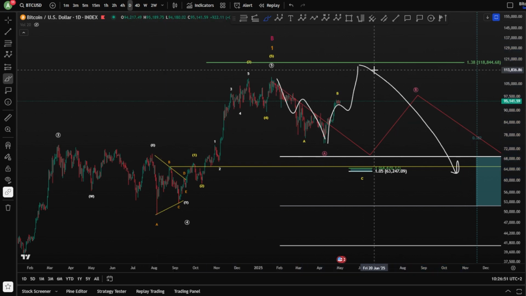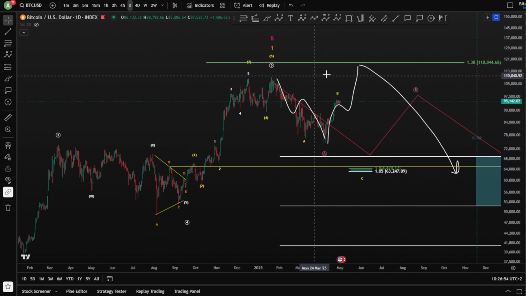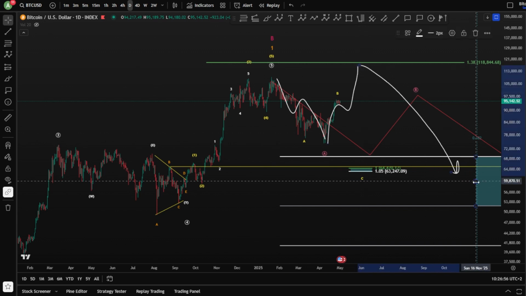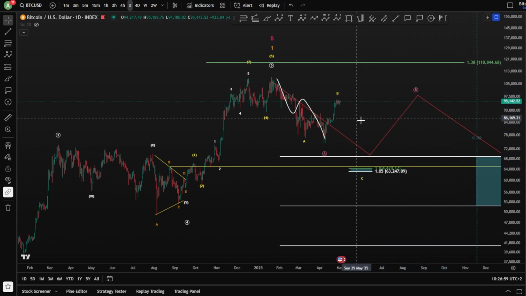An expanding flat is a corrective wave, knowing that it can take the all-time high and come back in a bear market, of course, for a wave C.